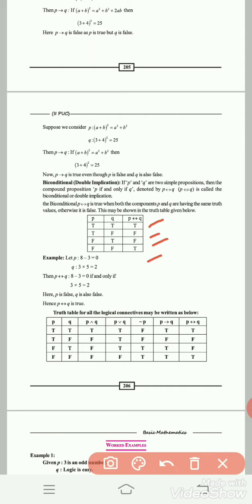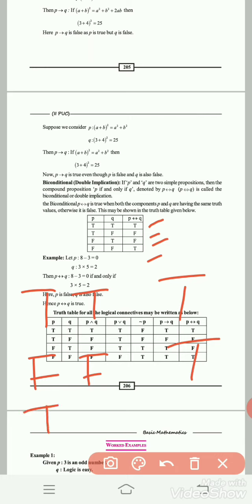Both false means true. So false, false, true. Suppose one statement is false and one statement is true, then it is false. If both the truth values are the same, then the compound proposition is true, otherwise false.